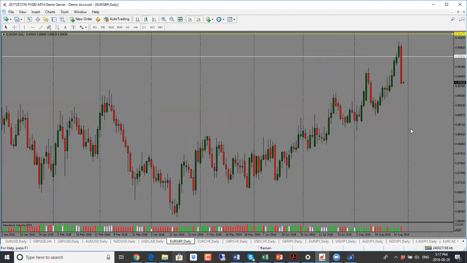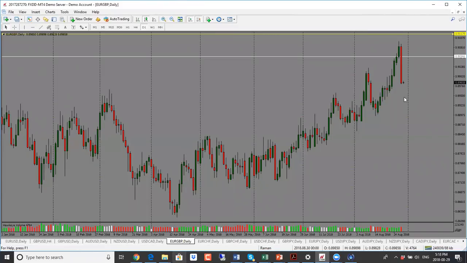Euro pound here, this was a big move to the downside, and most of it was due to the Brexit news that we got. We had a move to the upside for Euro pound and a big drop from there. So usually when we have positive news for British pound, euro gets sold against it, and that's why we normally see a big move in Euro pound generally.